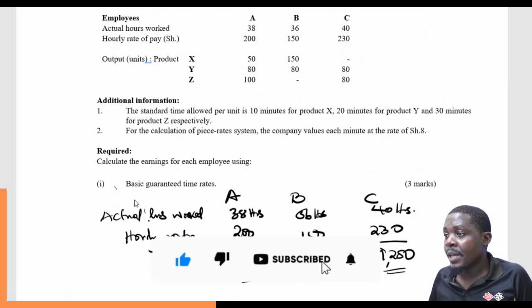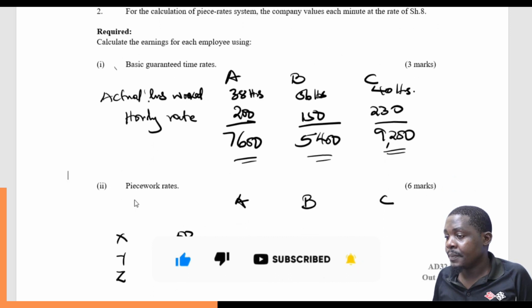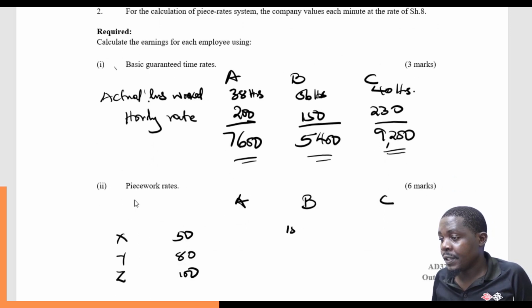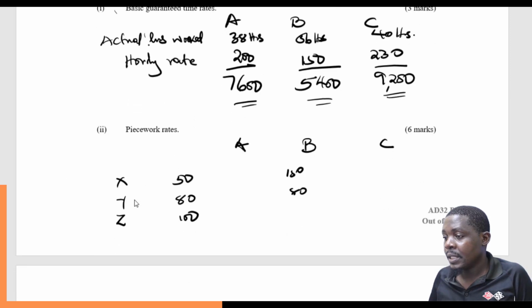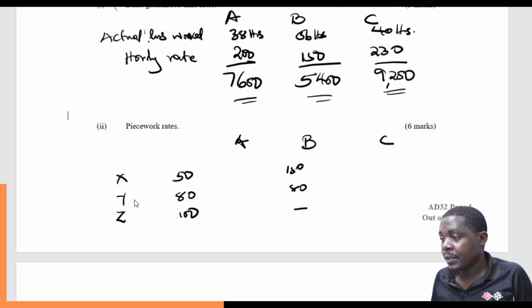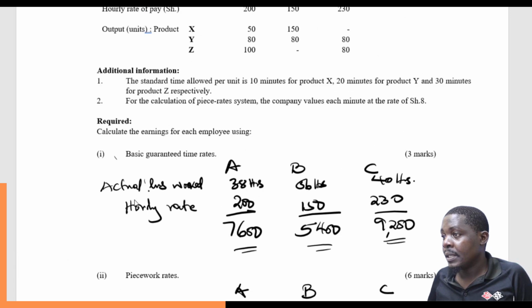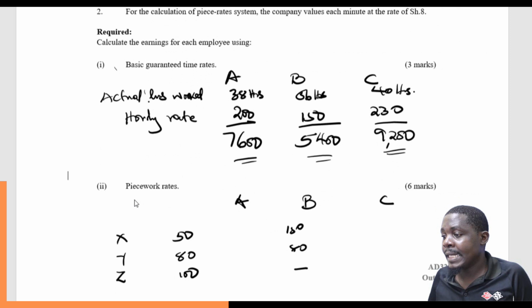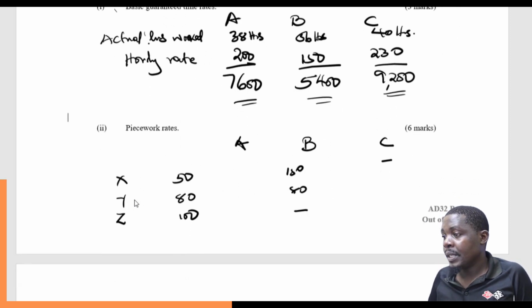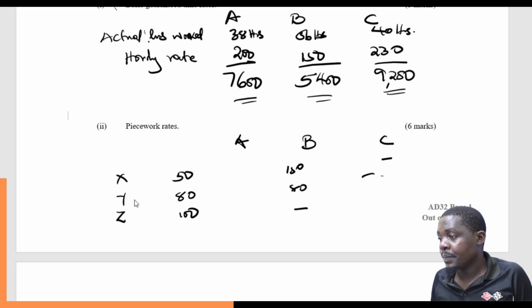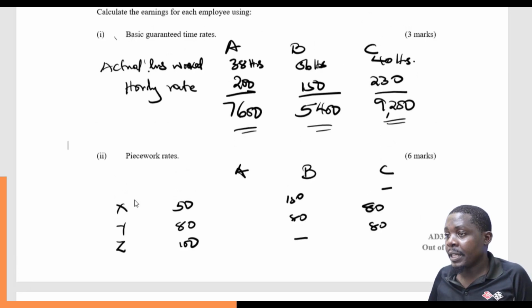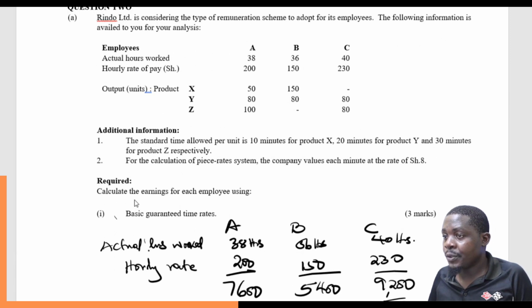Then for B, we had 150, 80, and then for Z we had dash. Then for C, it was dash, 80, 80. Those are the units produced.